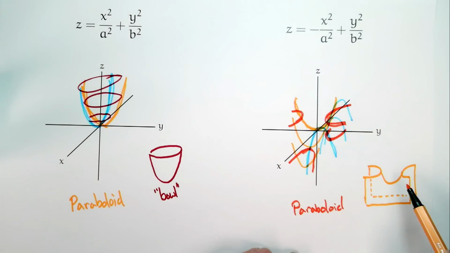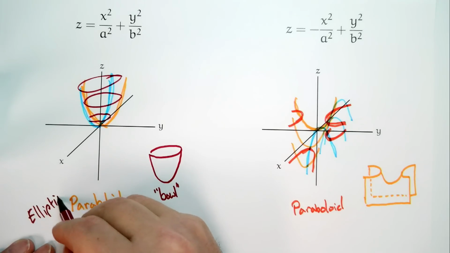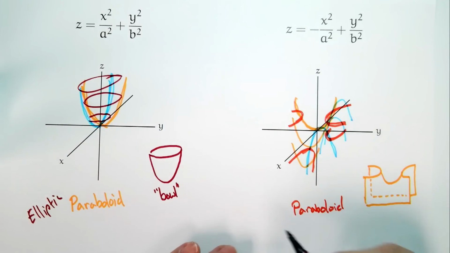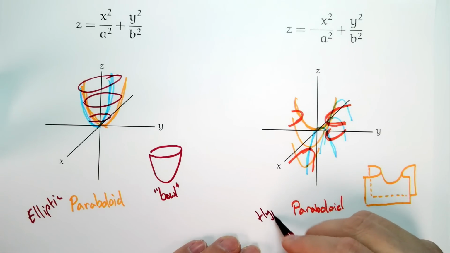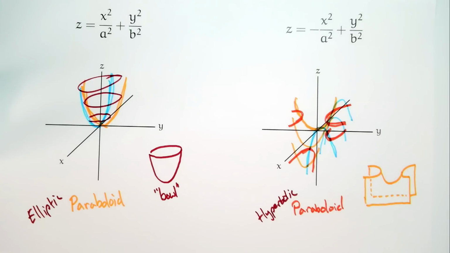Now, this is a paraboloid, and we want to distinguish these two, so we actually give these names. For this kind of paraboloid, we'll call this an elliptic paraboloid because the cross sections are ellipses. For this one, we're going to call it a hyperbolic paraboloid, but we almost never use that term in class. So we'll rarely say an elliptic paraboloid, we'll say a bowl.